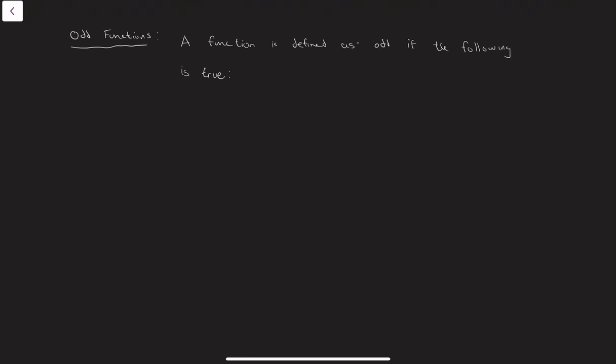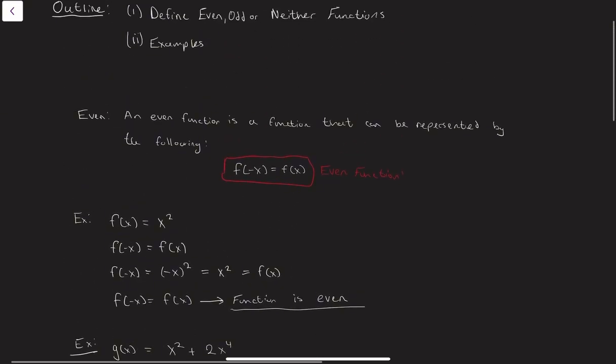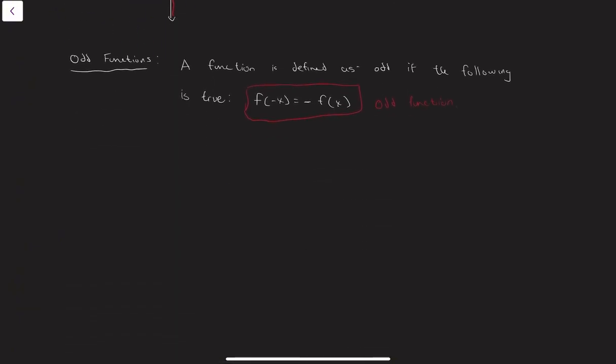If we have f of negative x, it needs to equal negative f of x. Odd function. So very similar to the even function. The even function, where f of negative x is equal to f of x, is the definition of an even function. The odd function is defined as f of negative x is equal to negative f of x.